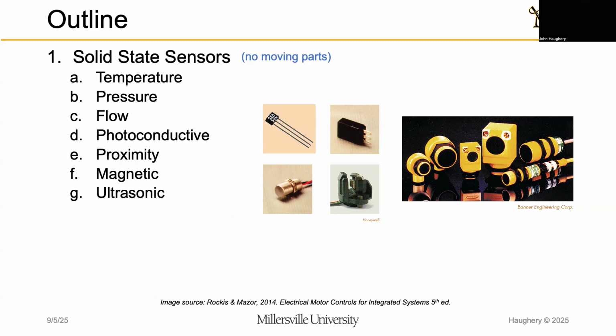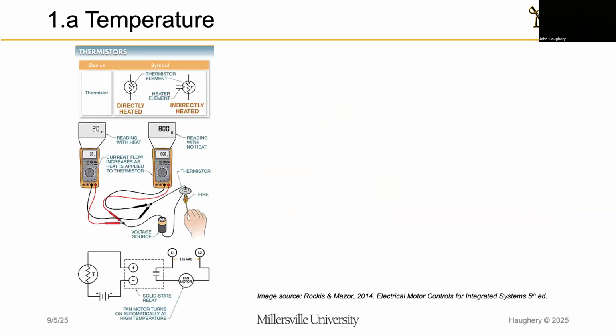And so we're going to talk about temperature, pressure, flow, photoconductive, proximity, magnetic, and ultrasonic. If we look at temperature first, we typically measure temperature electronically by measuring a difference in resistance of an element. This type of element is termed a thermistor. So it's a thermal resistor.